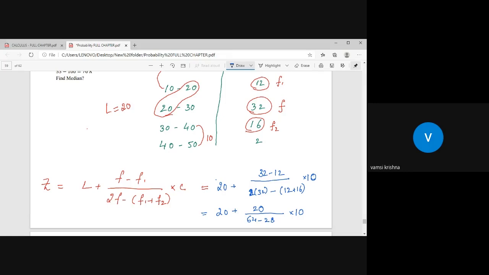So I want to take some rough work here. 20 plus 20 by 36, into 10. Something I got like this.